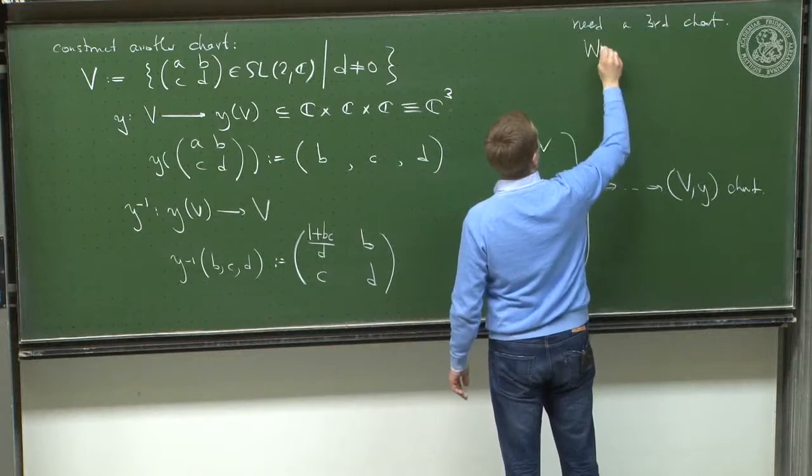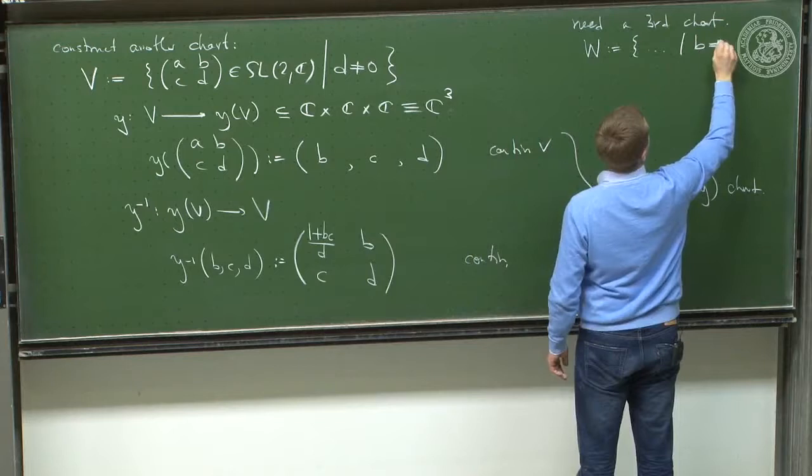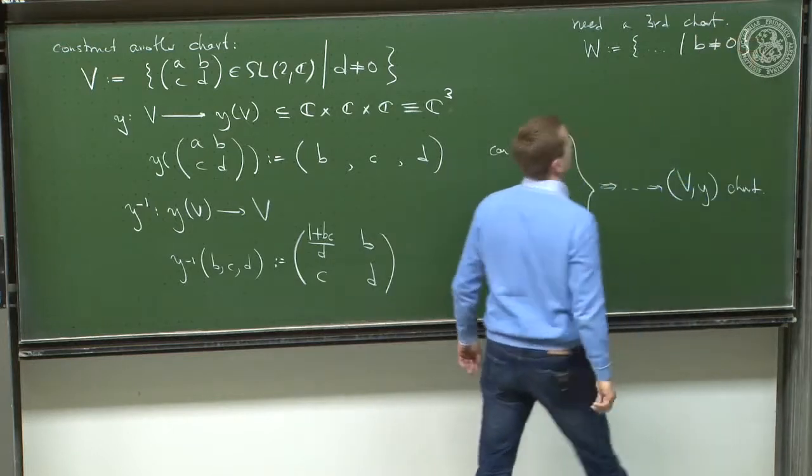UV, let's call it W. It's defined as before, but now for B non-equal to 0.